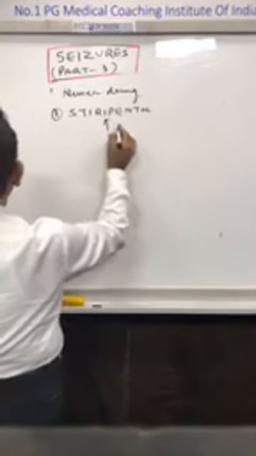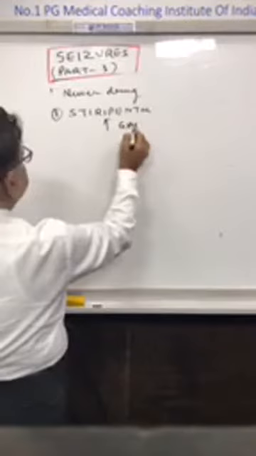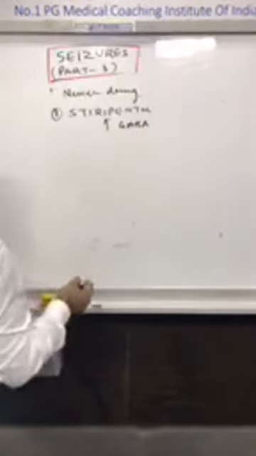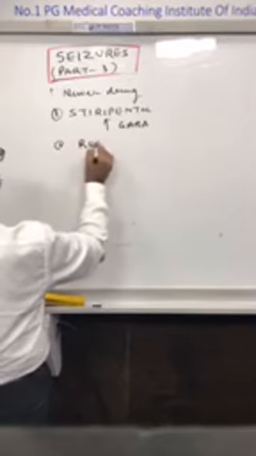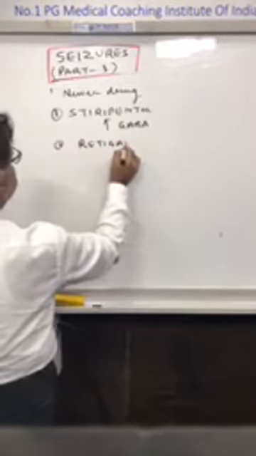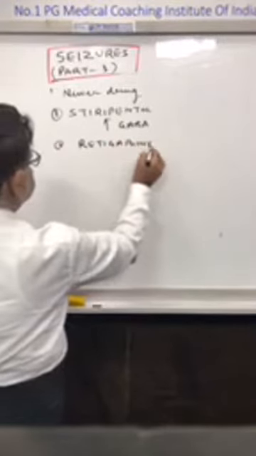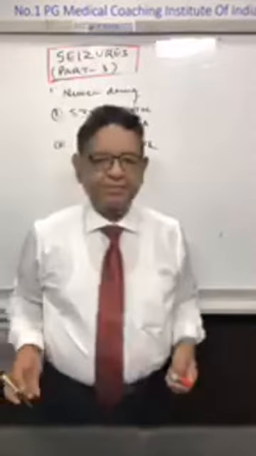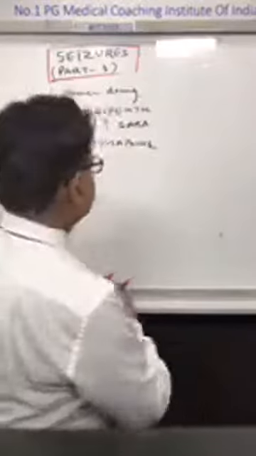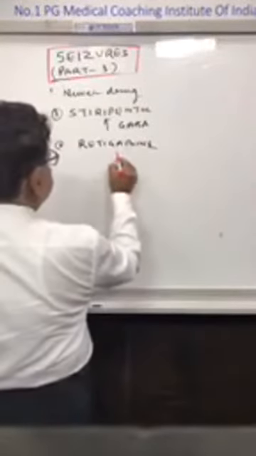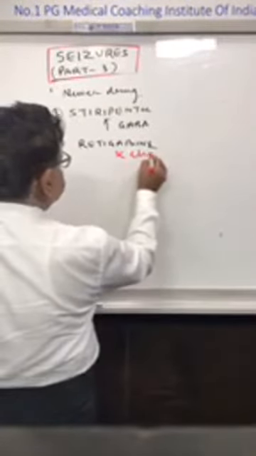It increases GABA activity. The second new drug is retigabine. This is a unique drug. This is the only anti-epileptic drug which acts via opening potassium channels.